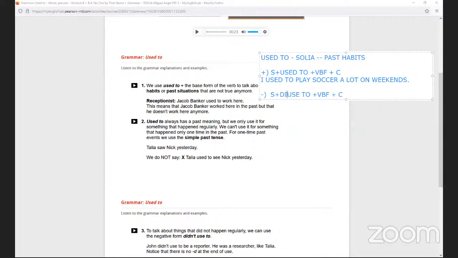So: subject, didn't, and that's why we only use use. Note this verb is in the base form because we are using a past auxiliary here. So didn't, use to, and the verb in base form. Do you have some action that you didn't use to do in the past, but right now in the present you do?